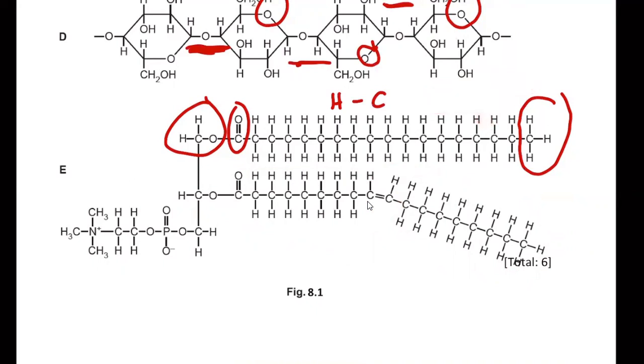But then instead of the third fatty acid, what is attached to this glycerol molecule? Yes, it's the phosphate group. So is this molecule a triglyceride or is it something else? No, it's a phospholipid molecule. Okay, so is this part of the molecule hydrophilic or hydrophobic?